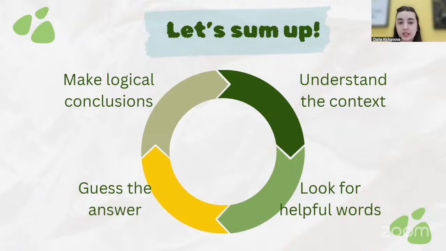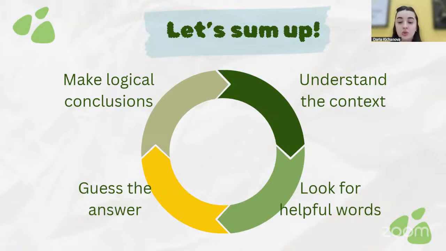So you already decided, for example, that the word will be "decision", and you see "make decision", but the helpful word was "off". "Decision off", maybe it's not correct. So you need to think about something else.